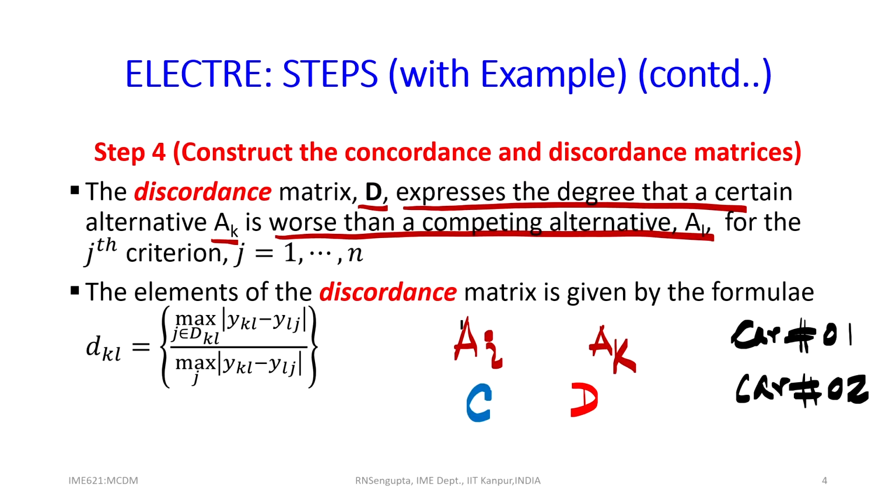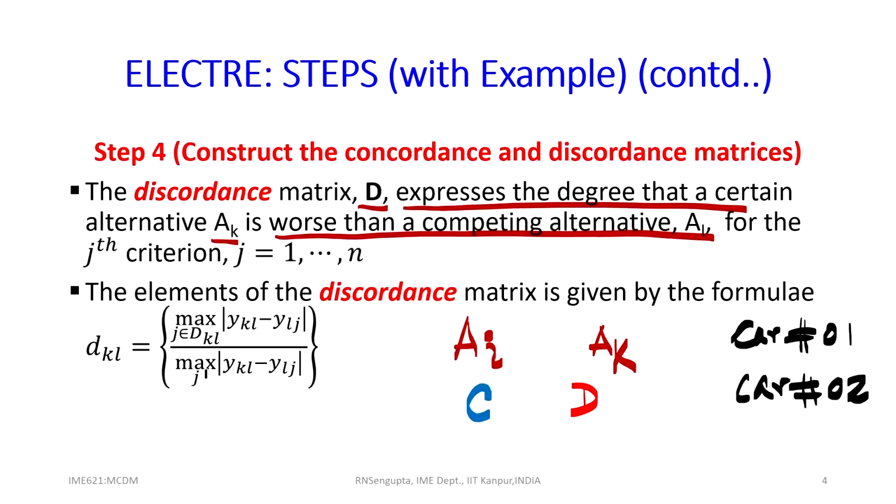So, when we take the elements of the discordant matrix, we will basically try to analyze the ratio of the max. So, when you are taking the max of the difference, we will only consider in the numerator the discordant which we do not like, and the denominator is basically the set of all the alternatives based on the criteria which are there.